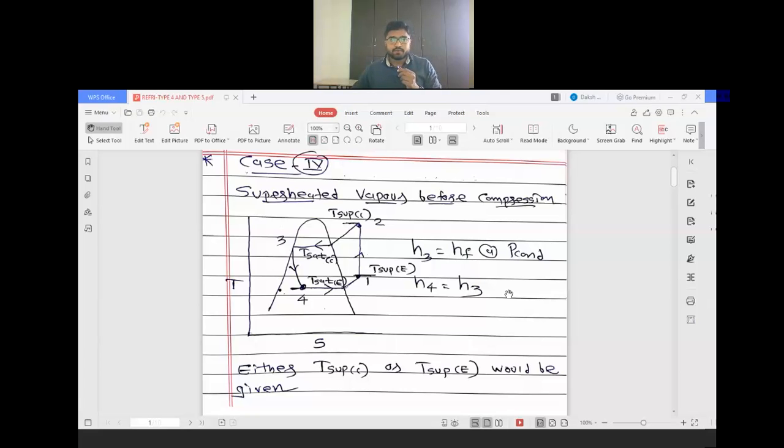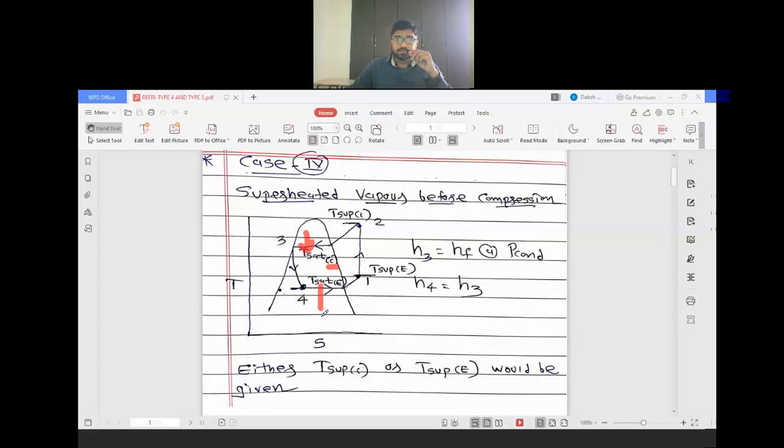Before that, you can see that 4 temperatures are there. On the upper side this is T saturated condenser. Here, where condenser is written, and this is T saturated evaporator.